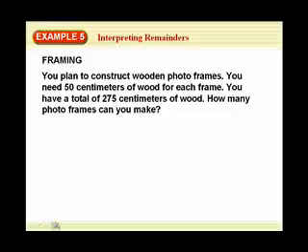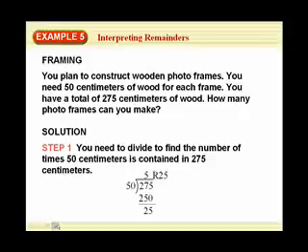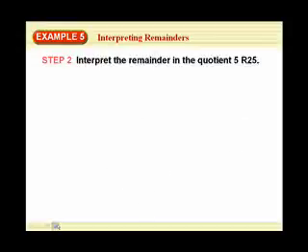So you'll notice the first thing that they do is decide we need to divide to find it. So there's our division problem, and you go through and you do all the steps of dividing, but notice there's a remainder. So we have that remainder, we have to interpret it. That means we have to understand, what does the remainder mean? Is there going to be enough to make another frame? What are we going to do with that?